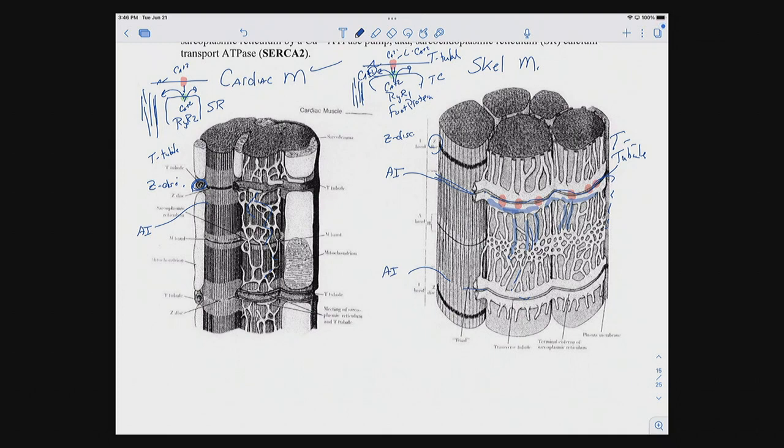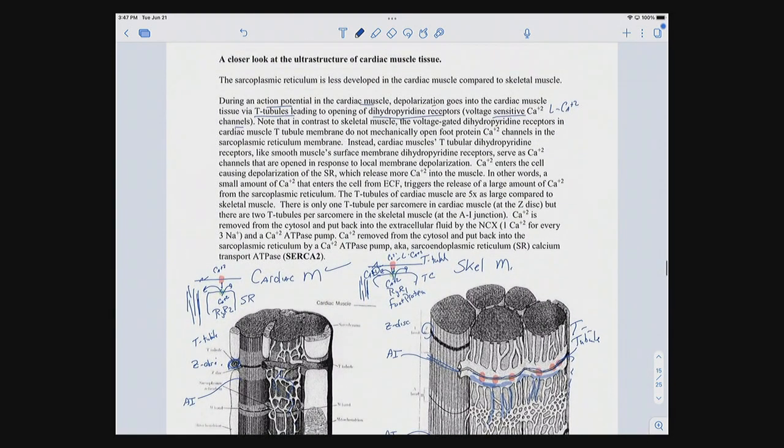Okay, and these are common questions you'll get on exams and such. So again, you want to be familiar with basically how things are laid out. Okay, so going back here into the verbiage. Again, contrasting, voltage-gated dihydropyridine receptors, T-tubules do not mechanically, got all that already said, and it's kind of going down through here. I've already said all that as well.